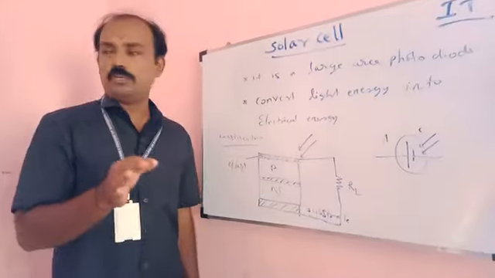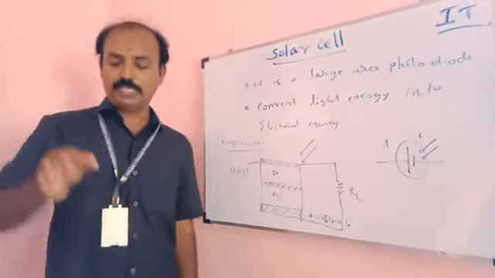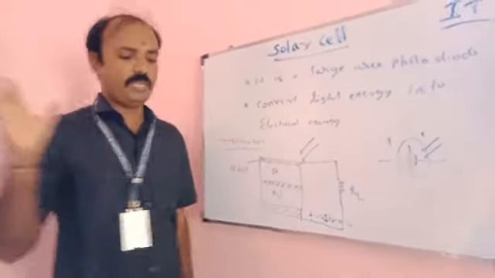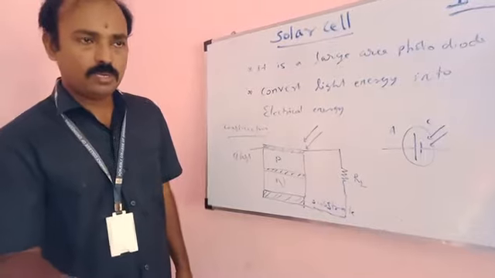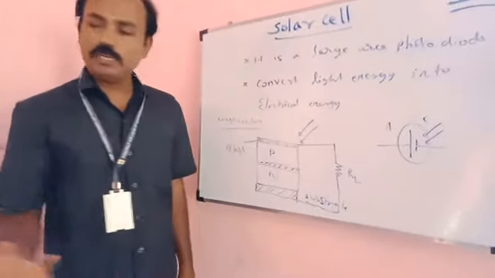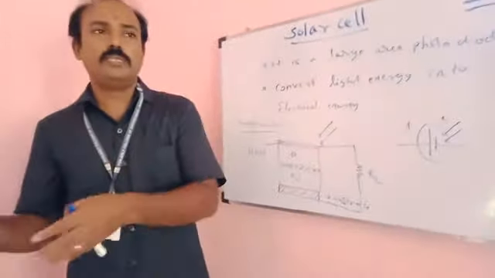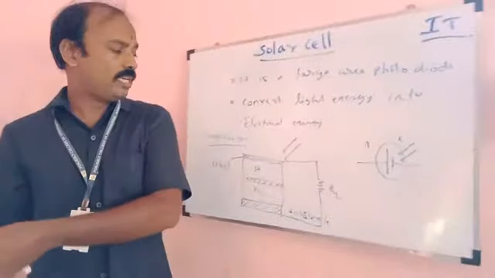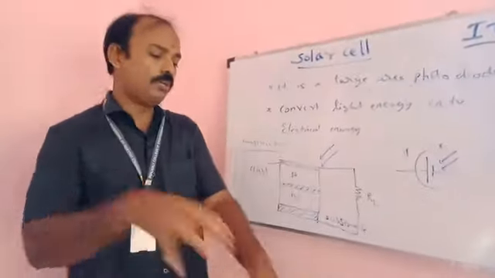Once an electron is produced, automatically there is a vacant place, that we call a hole. If a hole is there, automatically the majority charge, any electrons available in the nearby region, try to occupy the region.